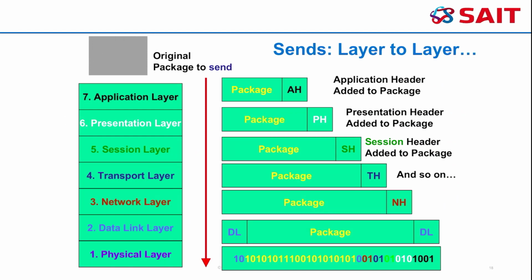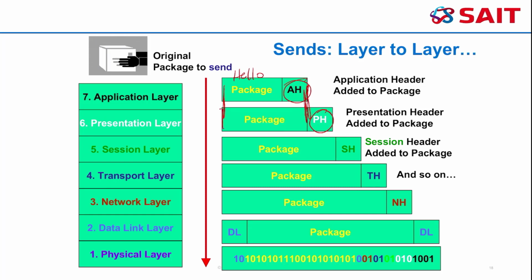So notice, this is the analogy I just looked at. Notice how we're now adding on this overhead. This is the full package for layer 7 being passed on to layer 6: the hello message, with the application header information, is now being passed on to layer 6.